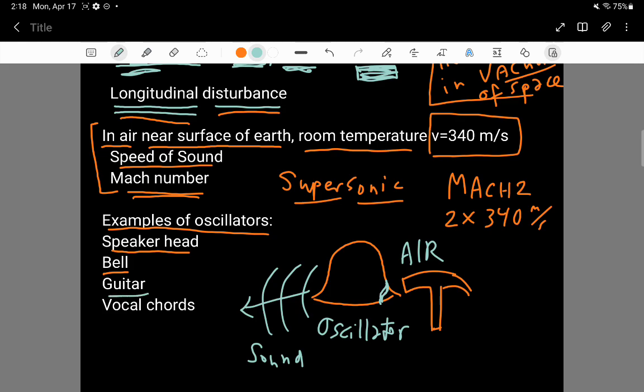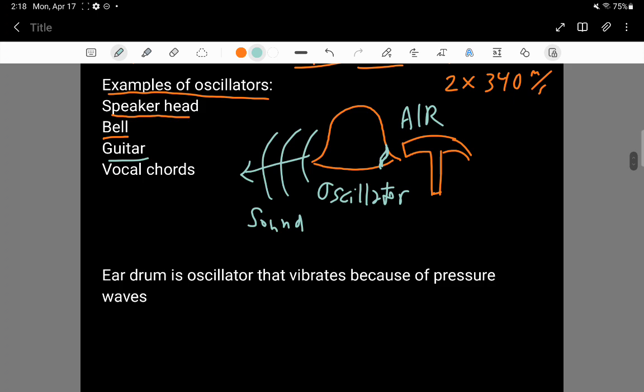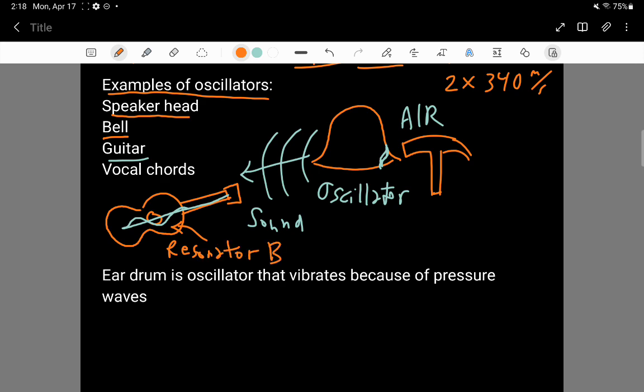A guitar is another interesting example. It's interesting because it's actually more than just the guitar strings. A guitar has a shape that kind of looks like this. And if you pluck a string on the guitar, it actually has a transverse wave that travels along it. But what that vibrating string does is it distorts what's called the resonator box of the guitar, right?